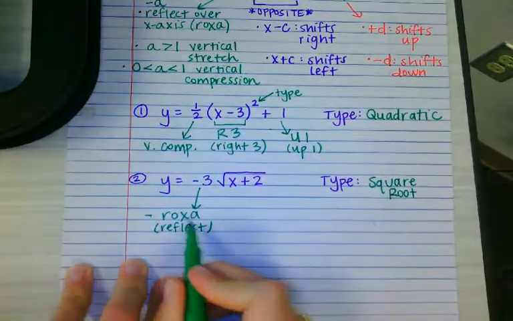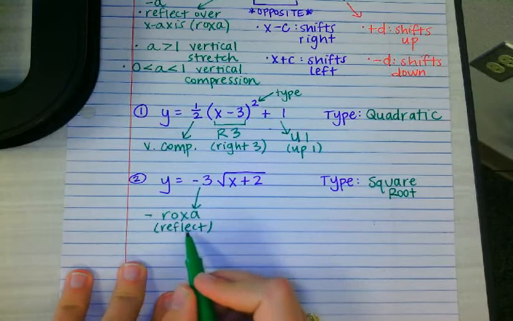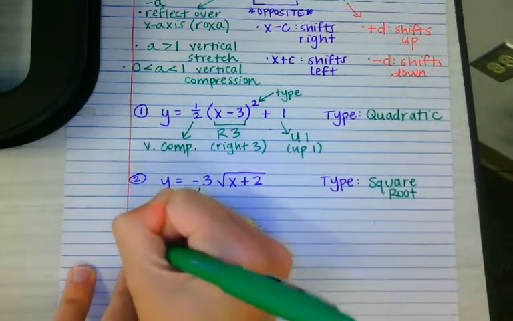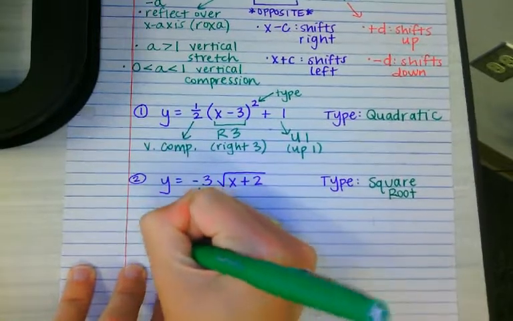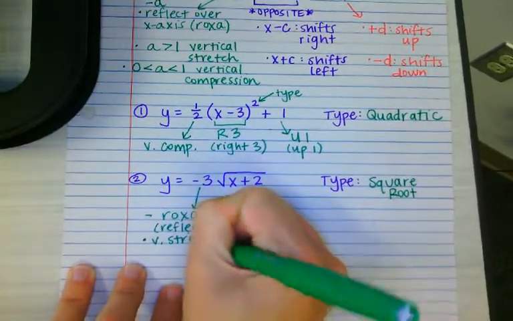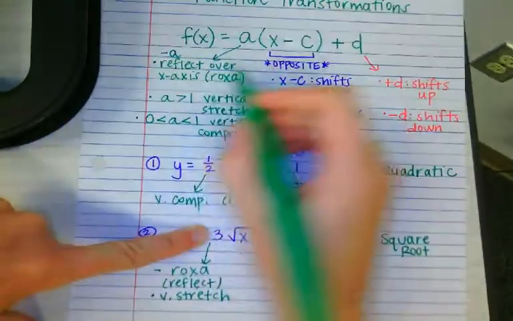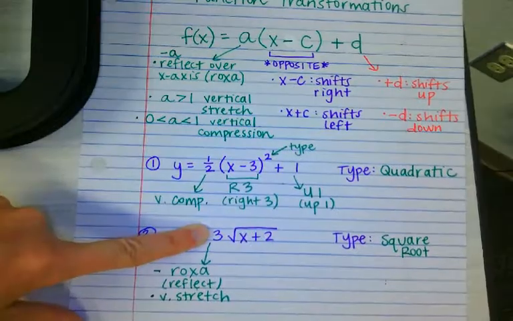Okay, so again, that's what that abbreviation means. And then the 3 itself, because 3 is bigger than 1, again, we've already used the negative, 3 is bigger than 1, so this is a vertical stretch.